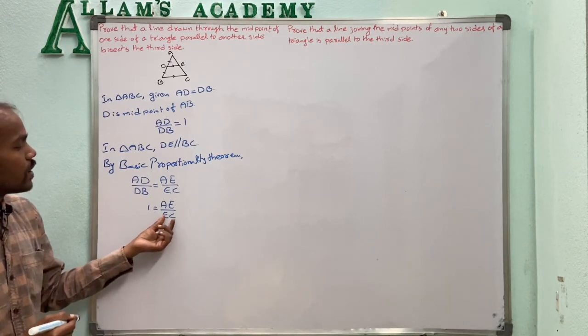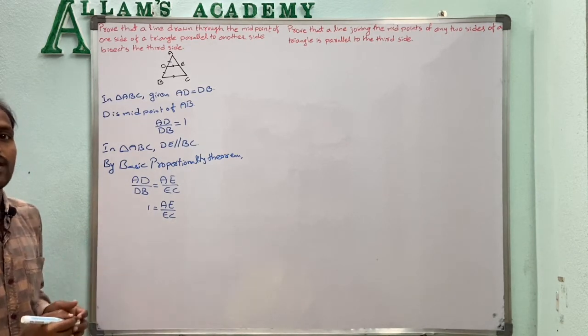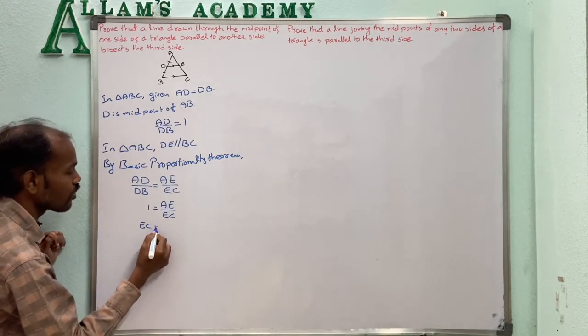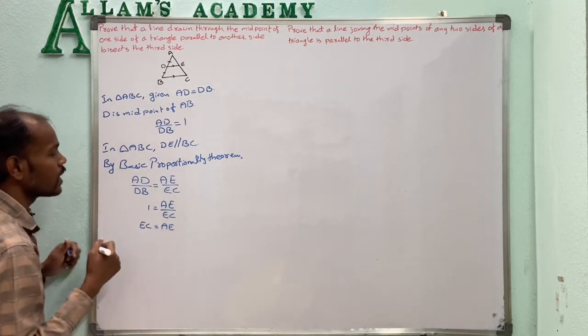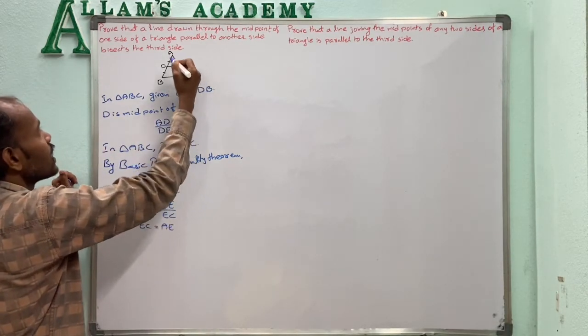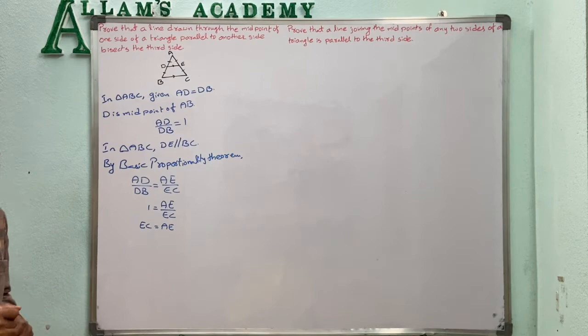Now this division, EC transferred to this side, that is nothing but multiplication, EC equal to AE. So here EC length and AE length both will be equal.